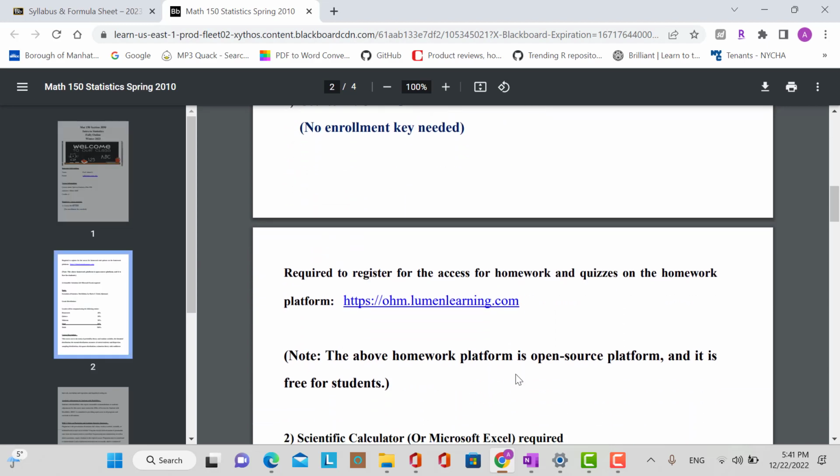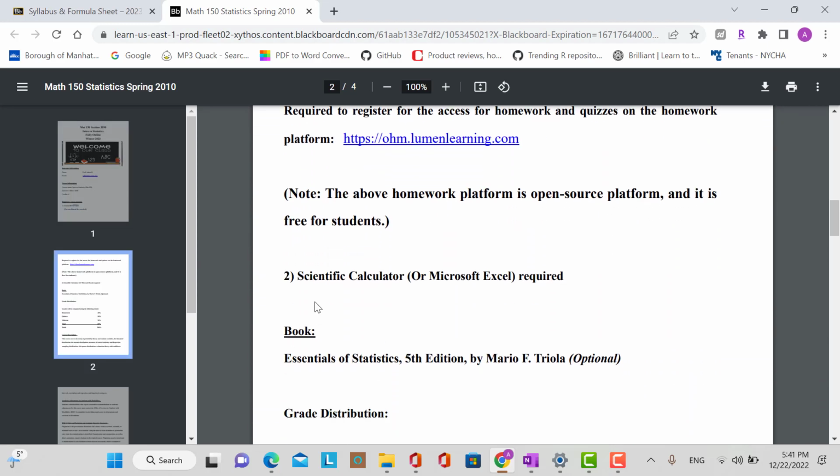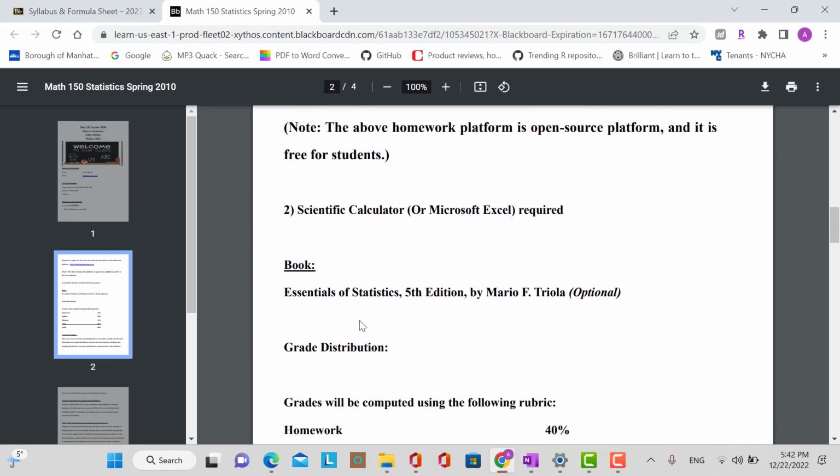You're also gonna need either a scientific calculator or Microsoft Excel. Either one is good. Most of you use the scientific calculator. If you already have one, you can use it, or you can also use the scientific calculator from your laptop or desktop. It's okay. The recommended textbook is Essentials of Statistics, Fifth Edition.